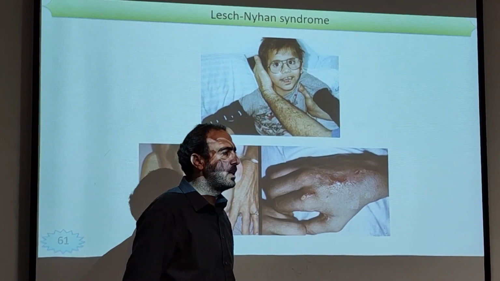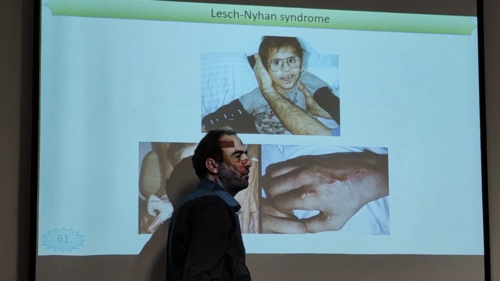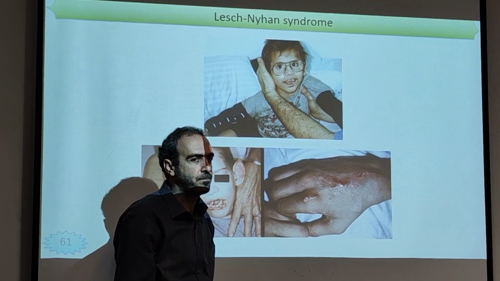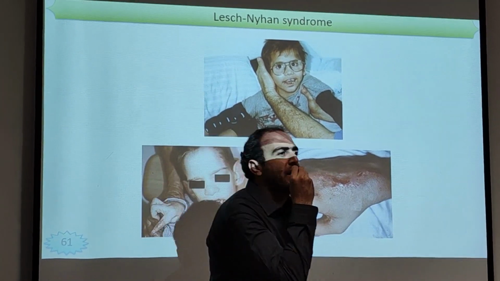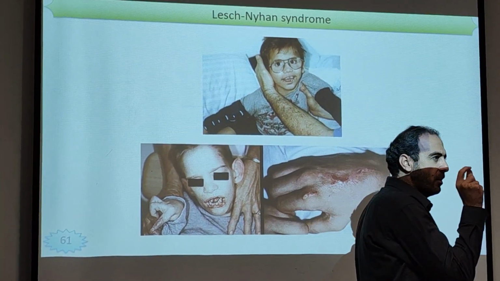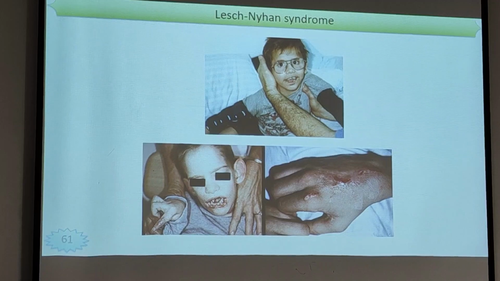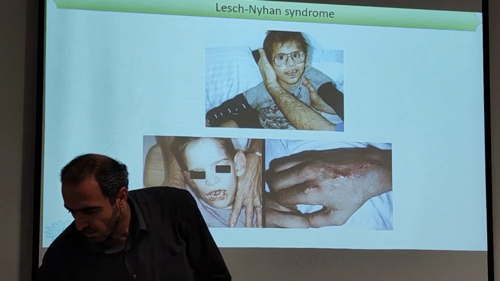Why do they do this kind of self-mutilation? What is the reason? Because uric acid becomes crystals, very, very tiny crystals.